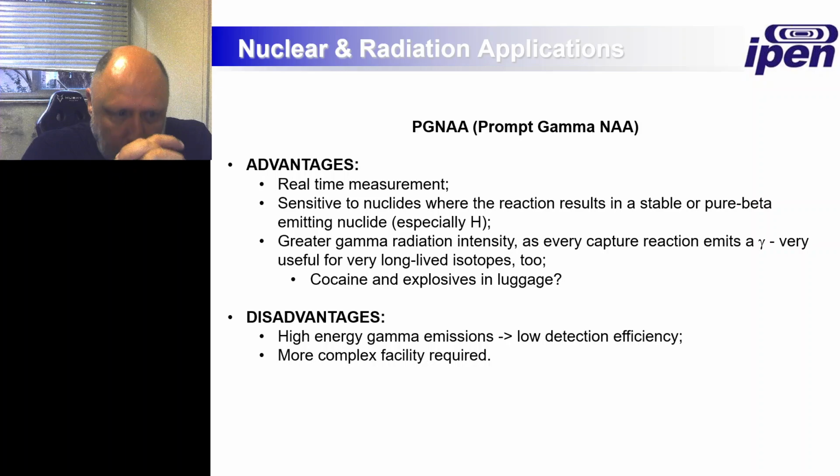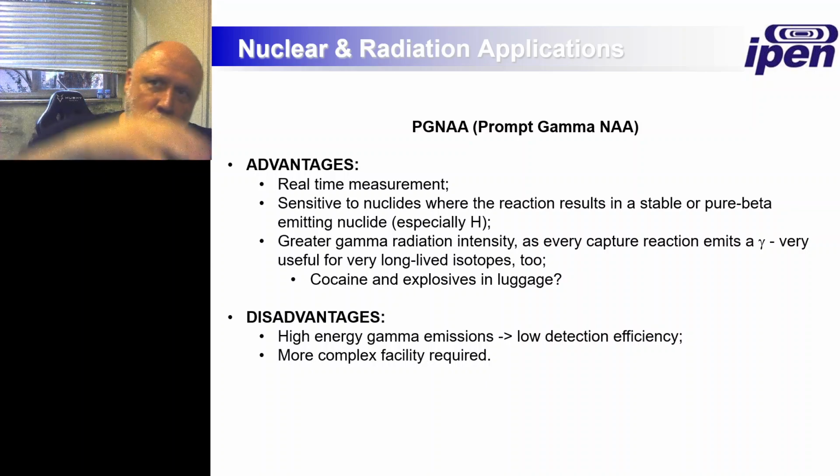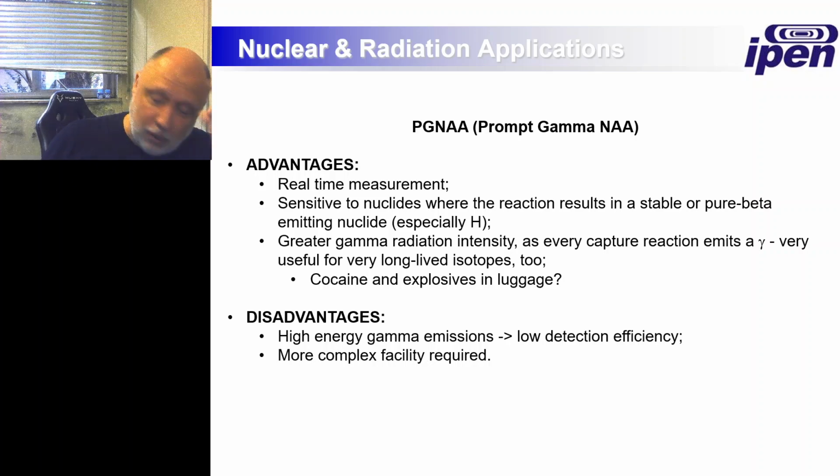And there were people trying some ideas, because as the fluxes are much lower, at the same time the gamma radiation intensity is higher immediately, because if you produce a radioactive isotope, all of these isotopes are produced during irradiation, right?